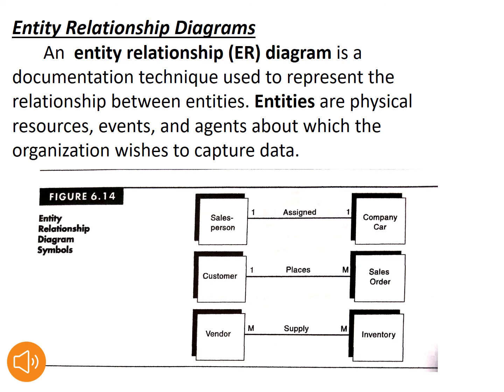Thus, the many-to-many relationship between vendor and inventory implies that the organization buys the same types of product from one or more vendors. Thus, a company's policy to buy particular items from a single vendor would be reflected by one-to-many cardinality.